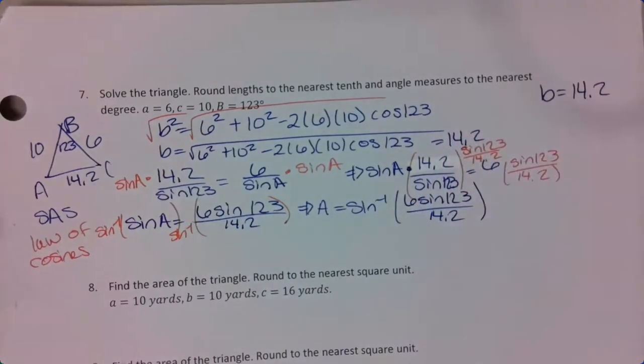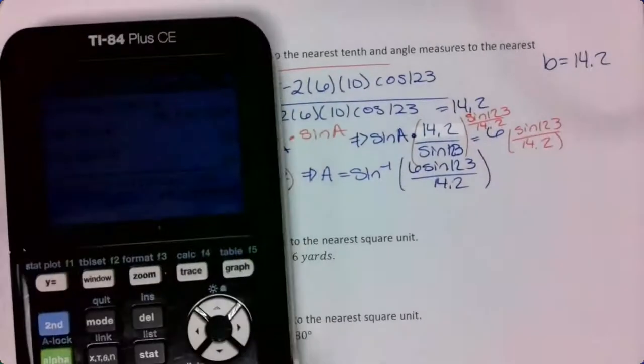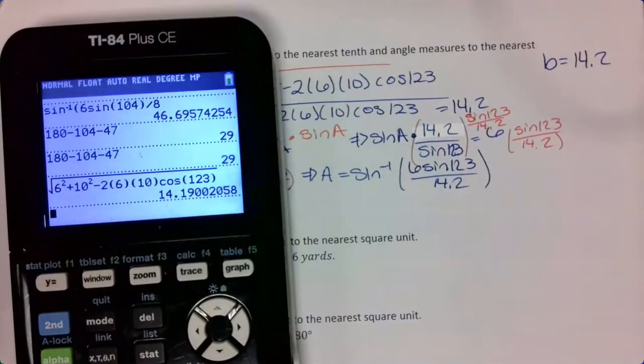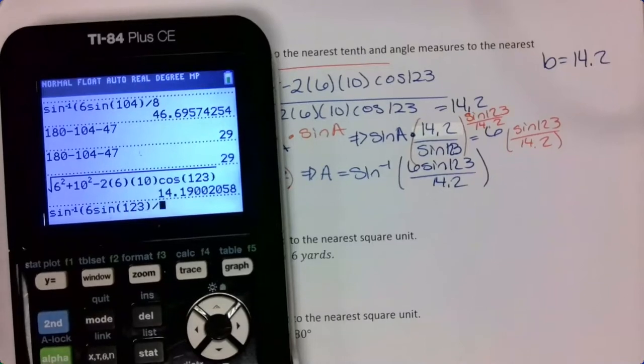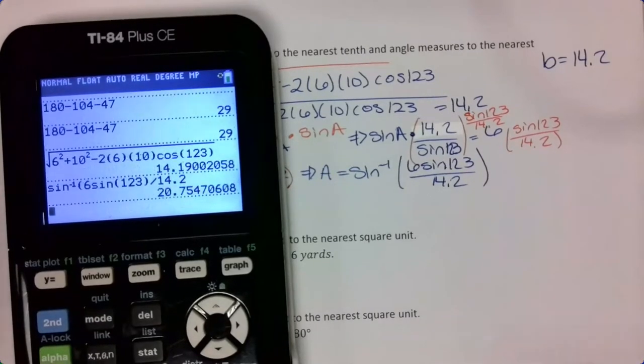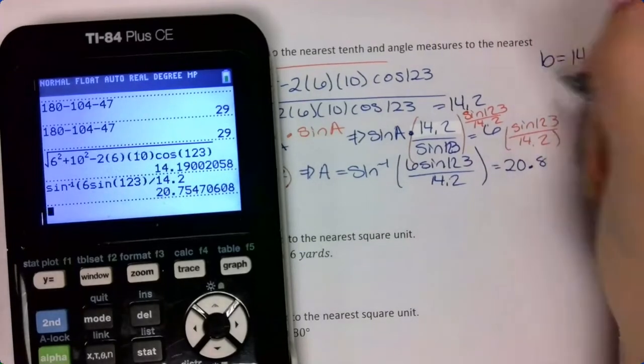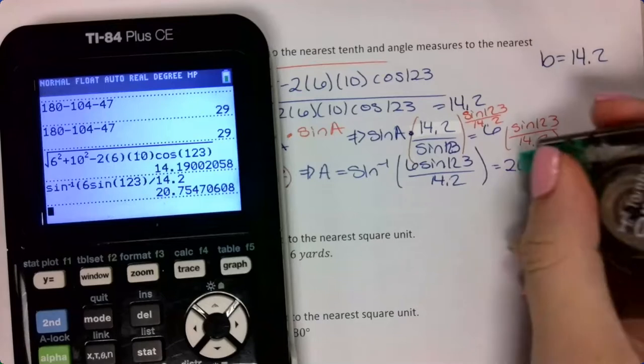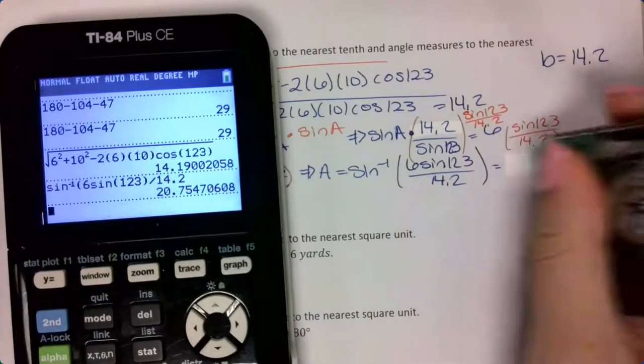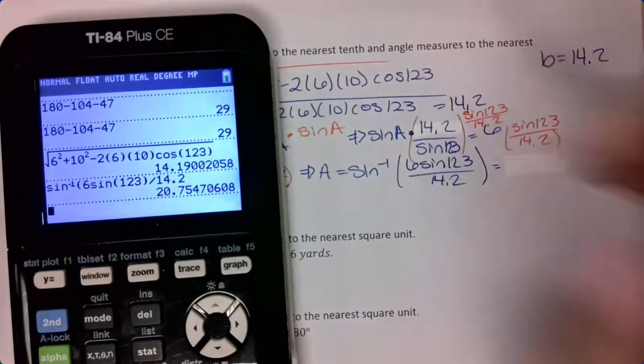I need to go ahead and type this into my calculator. Six sine of 123 divided by 14.2 gives me 20.8. This, oops, just kidding. This is an angle. It's going to round up to my whole number, which is 21.